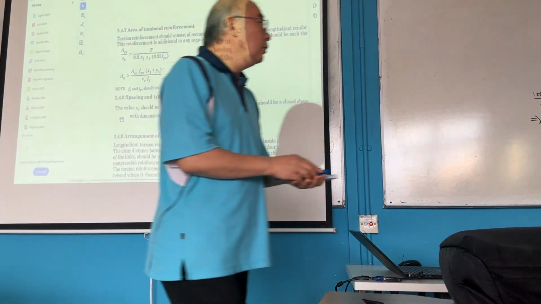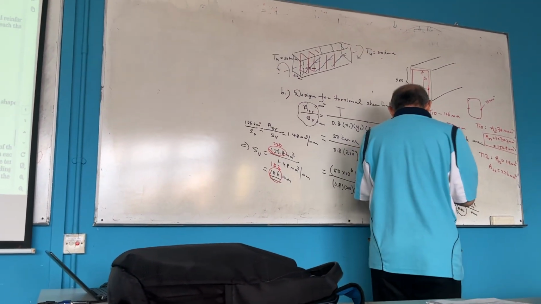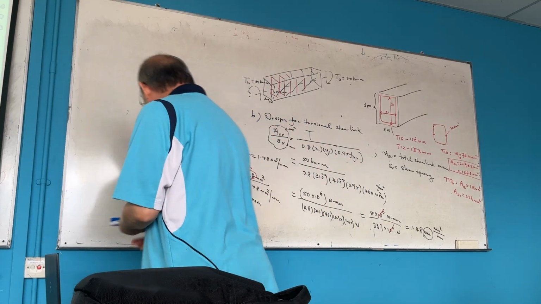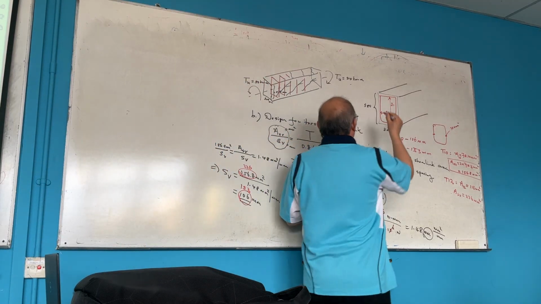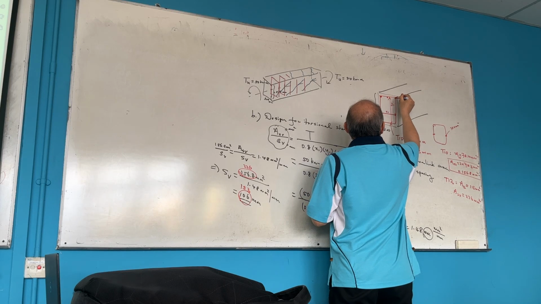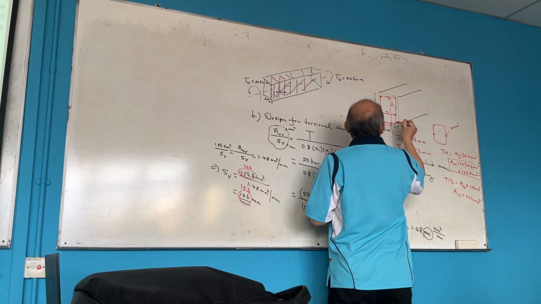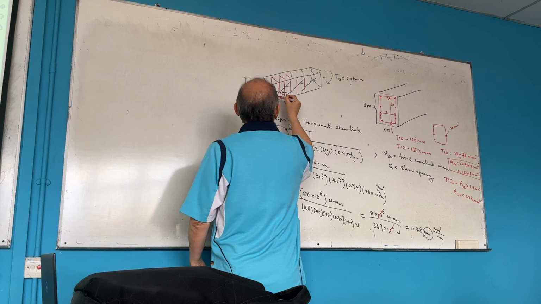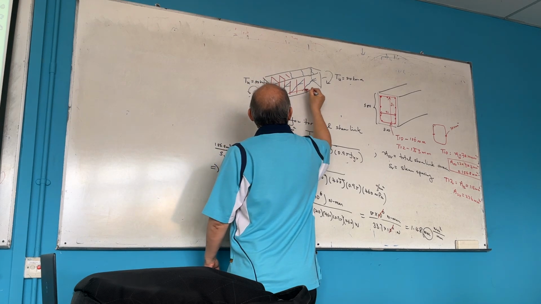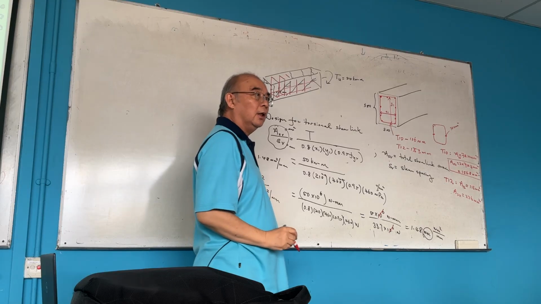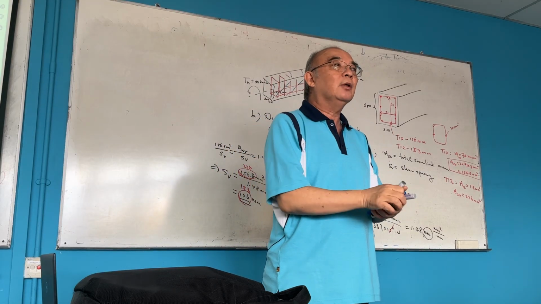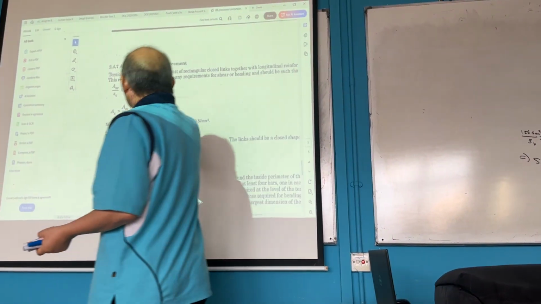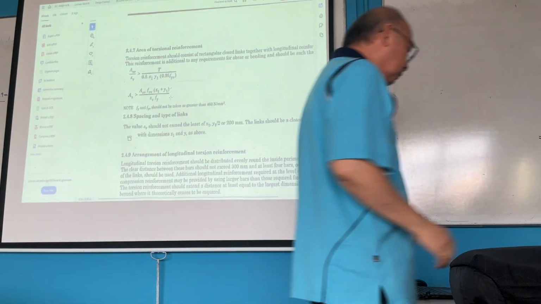That means not only do we need to provide the link, but we need to provide the longitudinal reinforcement. So the question is how to calculate the longitudinal reinforcement. The longitudinal reinforcement is given by this equation.